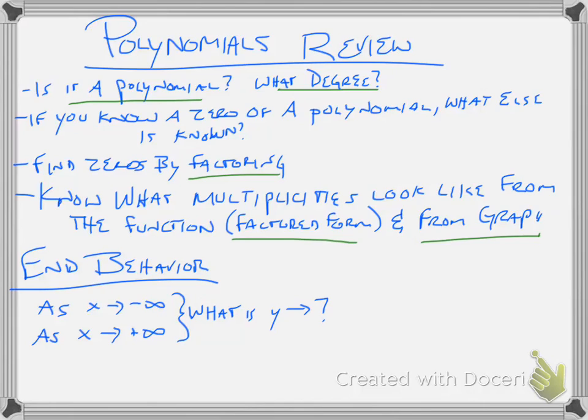Okay? The end behavior. You're always going to have as x approaches negative infinity and then as x approaches positive infinity. You need to tell me what the y is doing in each of those scenarios. Okay?